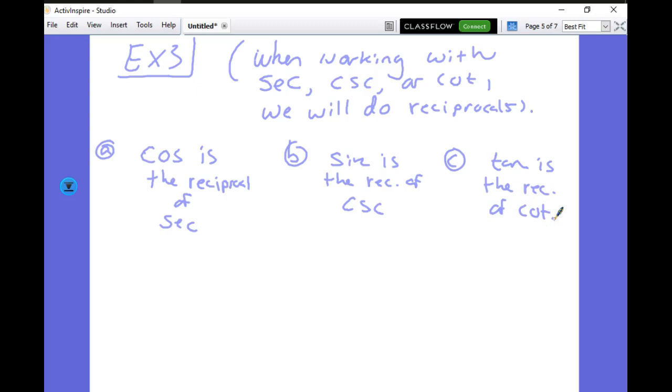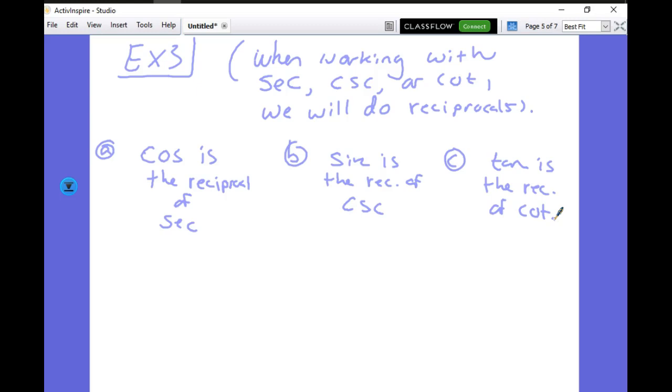Remember when we introduced those trig ratios? They're just flipped over. So that's how we're going to convert these to the ones that we want. We're just going to take the reciprocal.